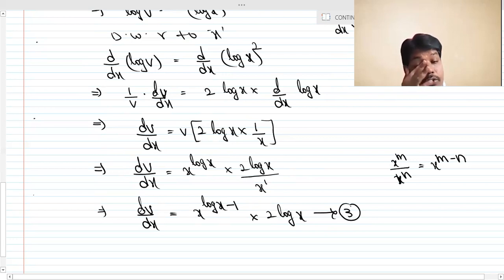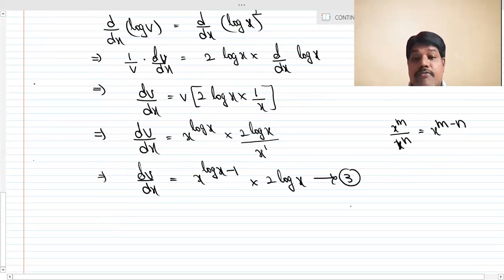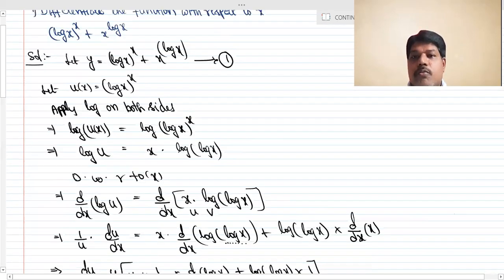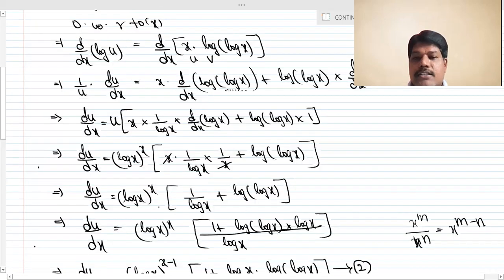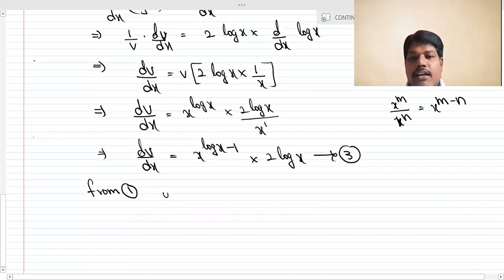So after getting these two derivatives, what is equation number 1? See that one, students. Equation number 1 is y is equal to log x power x plus x power log x.